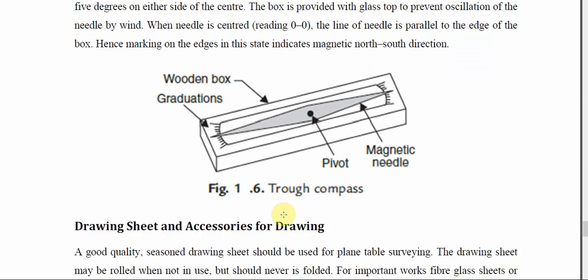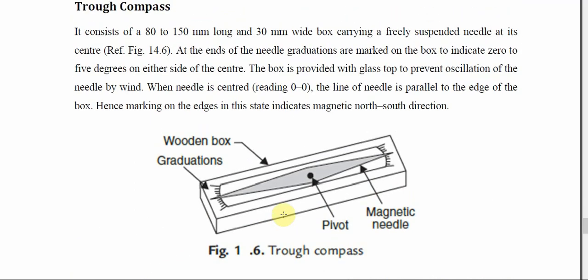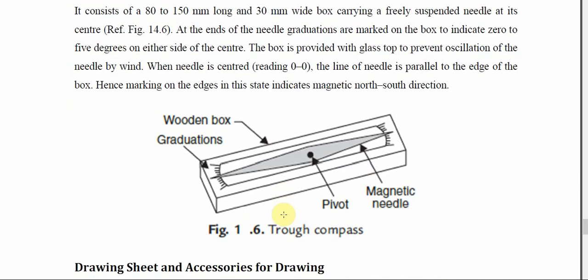When the trough compass is kept on the table and the needle is in the center, whatever line is drawn parallel to the trough compass indicates the north-south line.